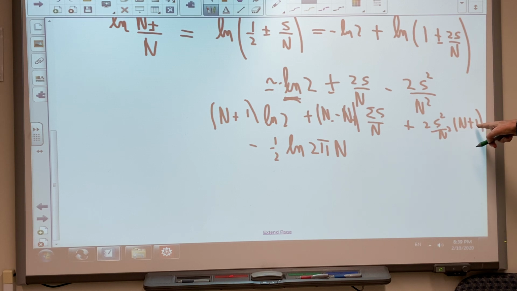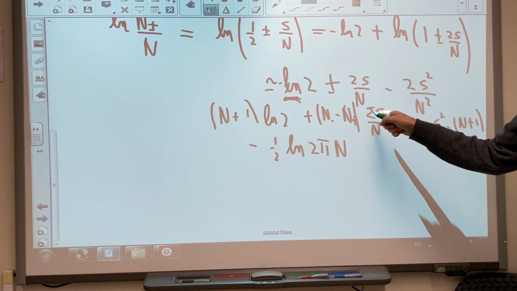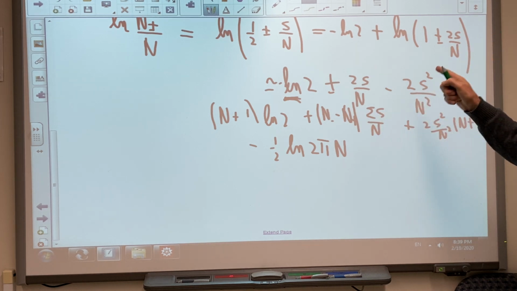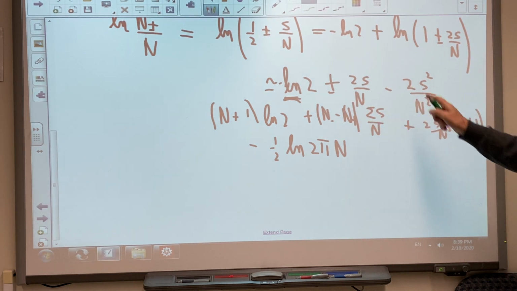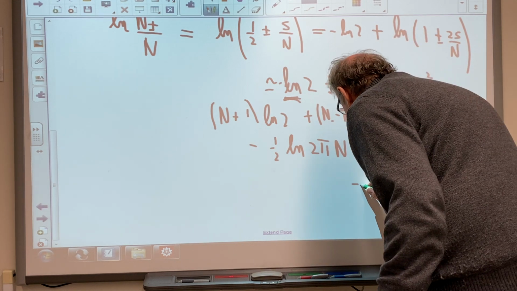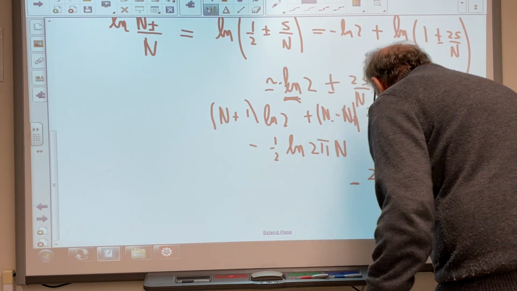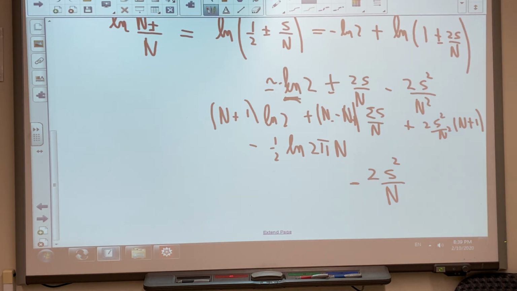So you will agree with me that I can write this is 2s squared over n, and this is minus 4s squared over n. So that's a crucial step, that these two terms combine to give me something negative, which is minus 2s squared over n. That this term is negative, because this term is twice as big as this. So I have combined these two.